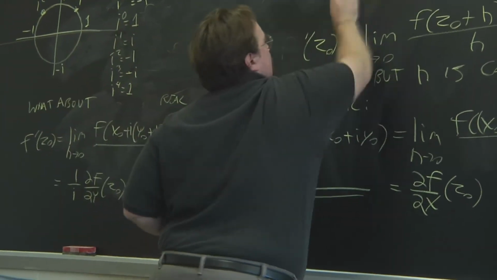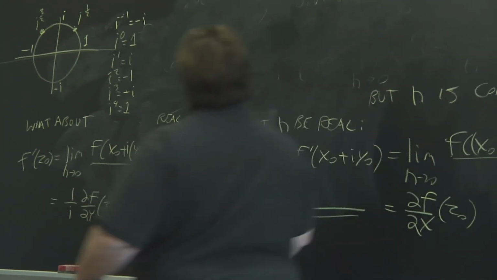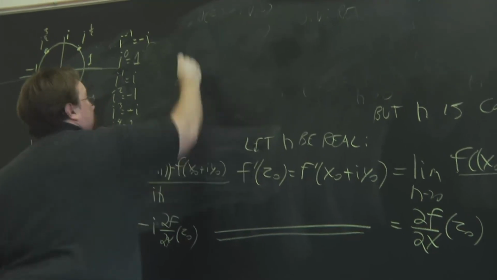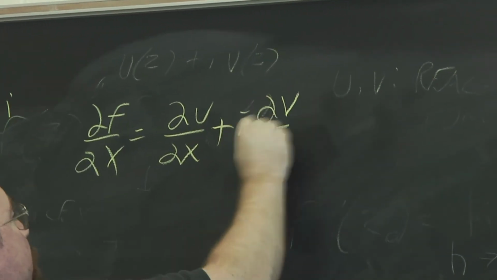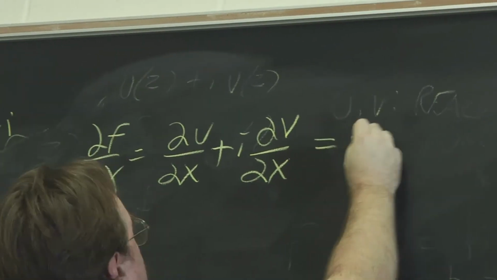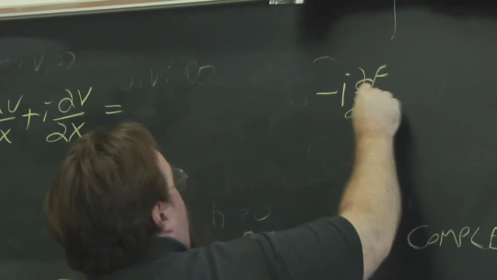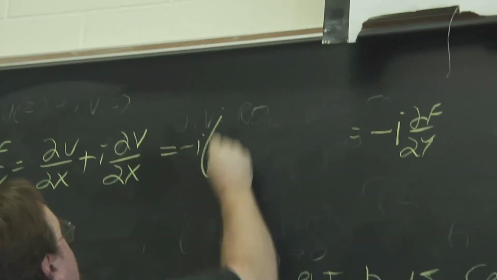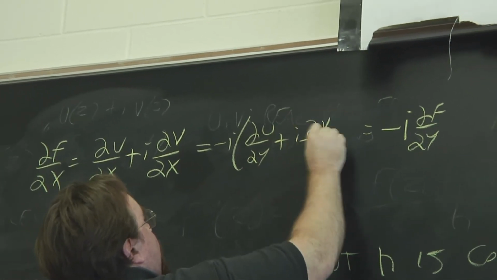Now, so if these are to be the same, I forgot that this yellow chalk is not so good for erasing. So that means that partial of f with respect to x, which is partial of u with respect to x plus i partial of v with respect to x, must equal, right over here, minus i partial with respect to y, which is minus i partial of u with respect to y plus i partial of v with respect to y.